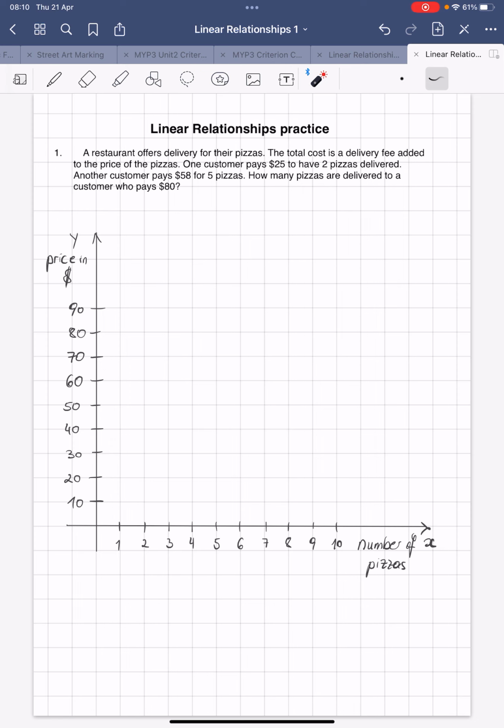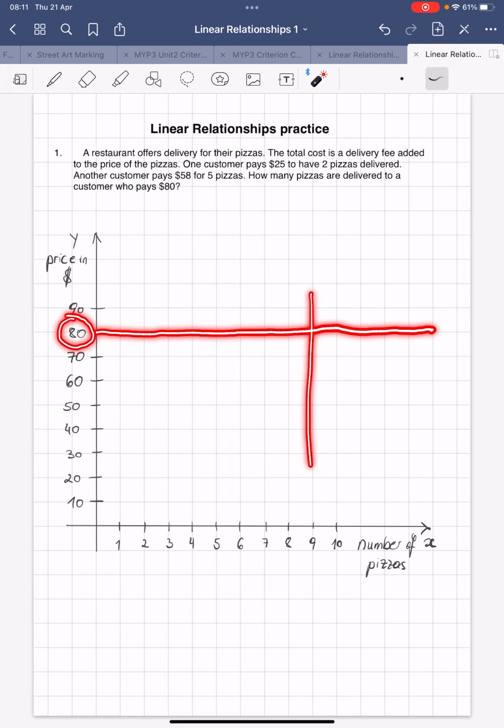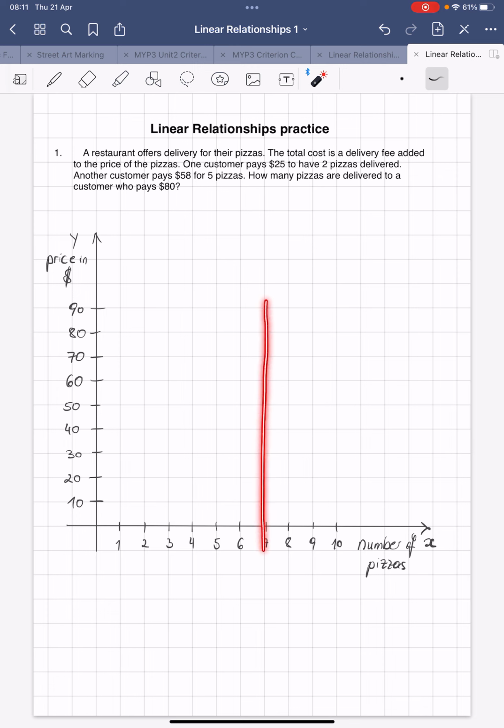And then you should be able to read off how many pizzas are delivered for $80. Exactly. So you're going to look at the $80 here and follow the line to see wherever it stops, maybe here or maybe here, to then read off the number of pizzas that they can get for $80. So pause the video here, please, and try to draw this.